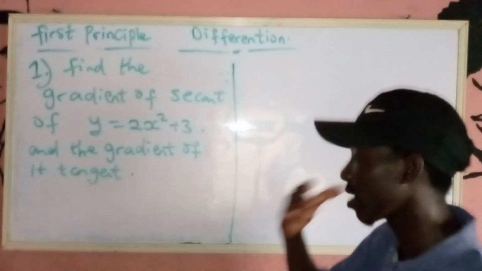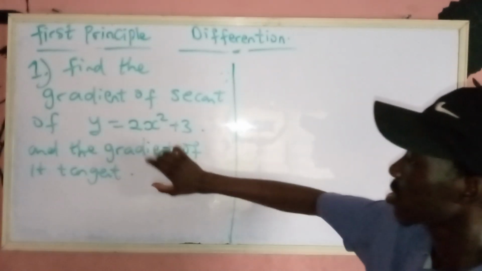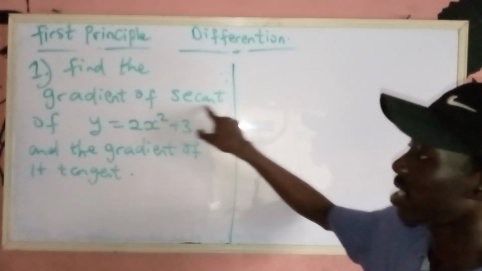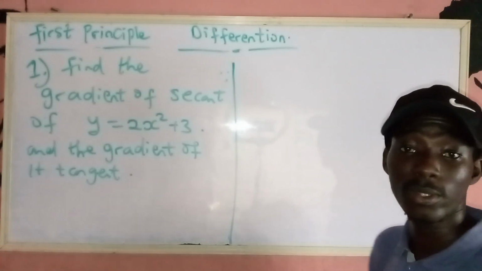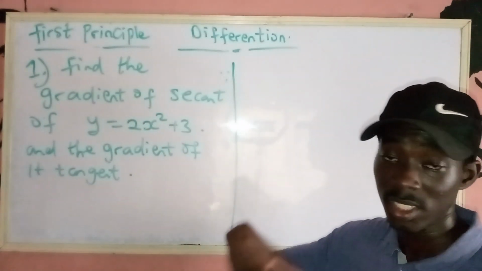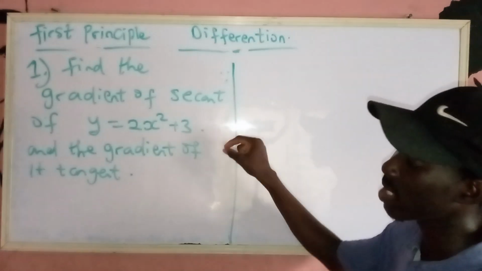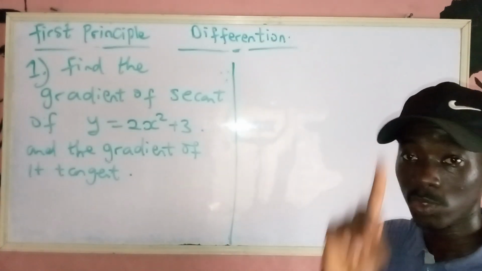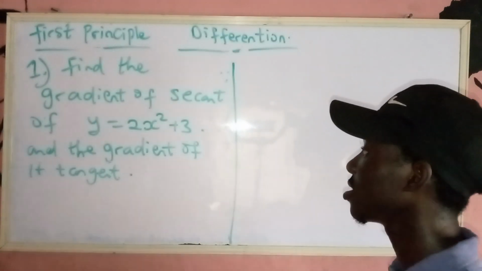As I said in my last video, we now understand what a tangent is and what a secant is. A secant is a line that touches a curve at any number of points other than 1, while a tangent is a line that touches a curve at just 1 point. So how do you find the gradient of this?